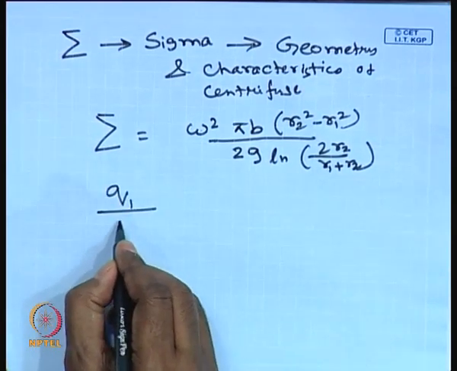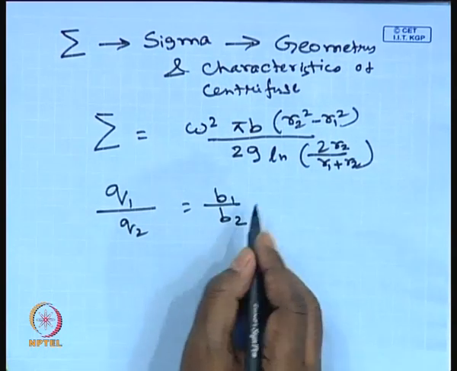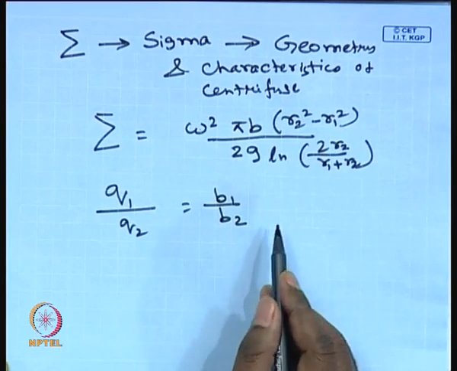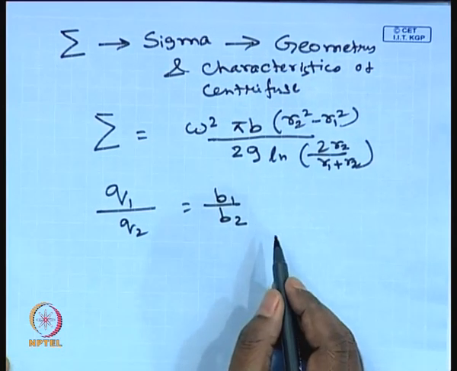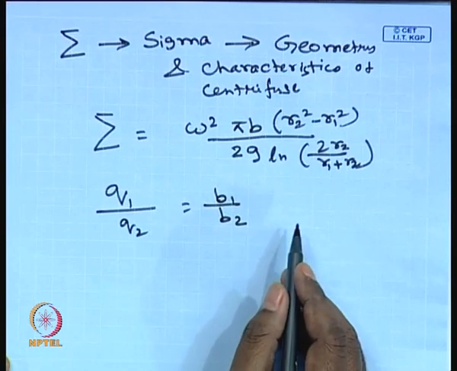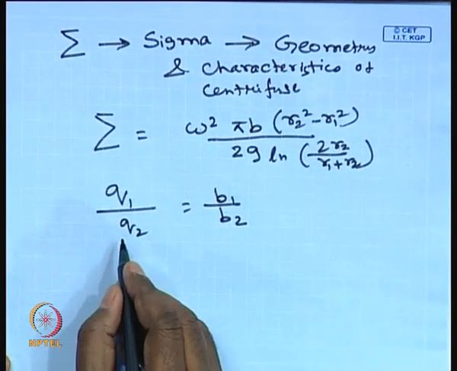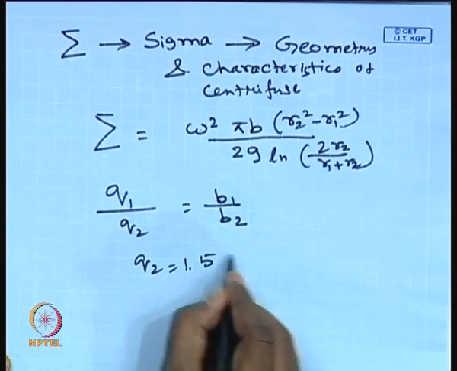Q1 divided by Q2 will be nothing but B1 divided by B2. All the other terms remain equal, so they cancel each other. So, Q1 by Q2 is equal to B1 by B2, and Q2 is nothing but 1.5 times Q1.